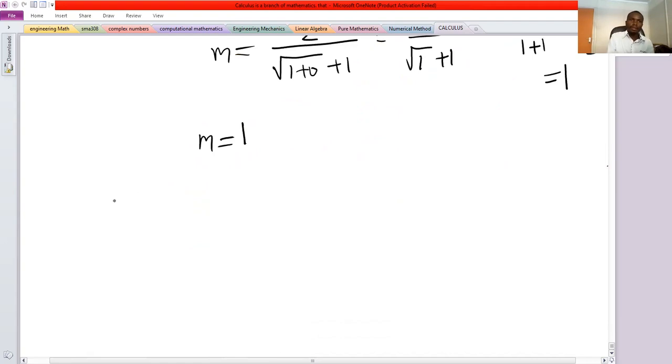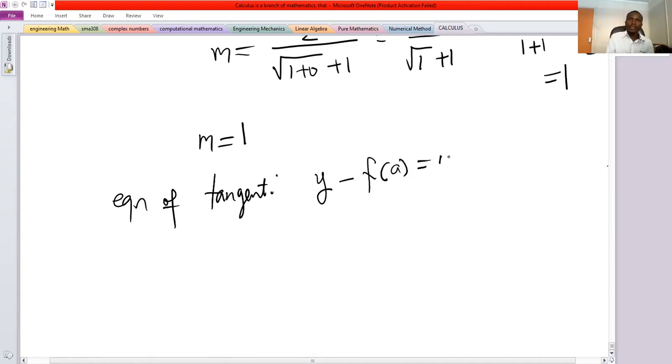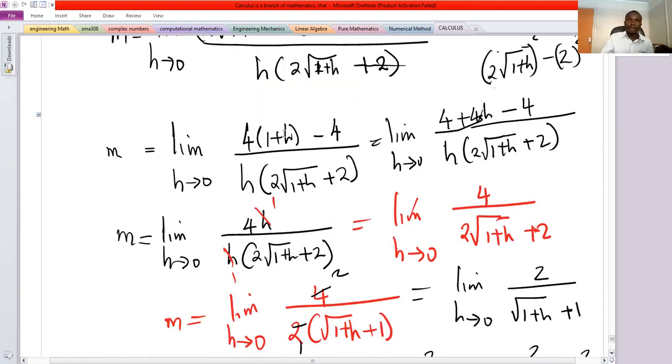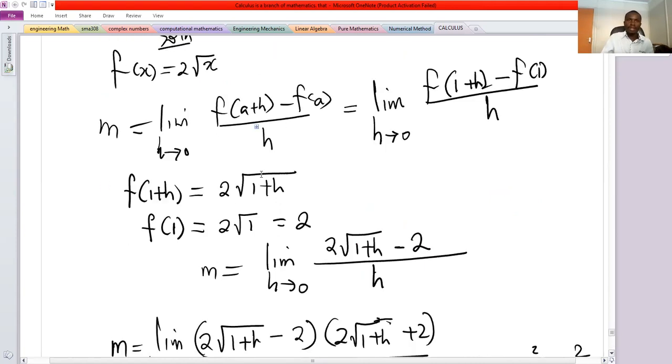So equation of the tangent: y minus f of a equals m into x minus a. So y minus, our a for this case is 1. We have gotten our m to be 1, x minus 1. So when we replace f of 1, our answer from the previous calculation is 2.